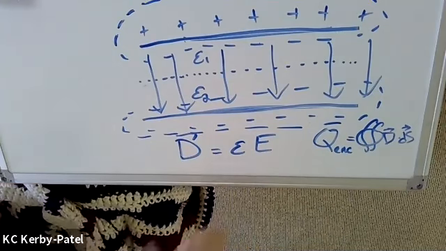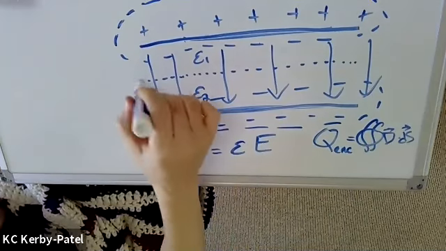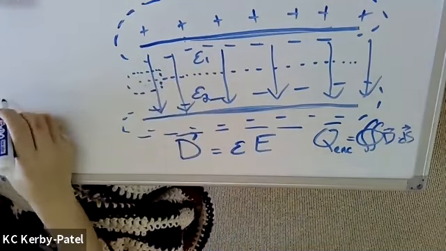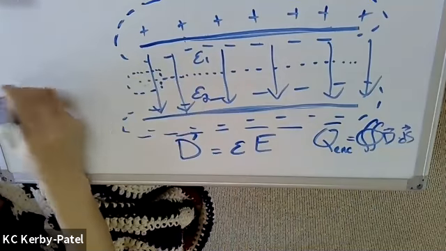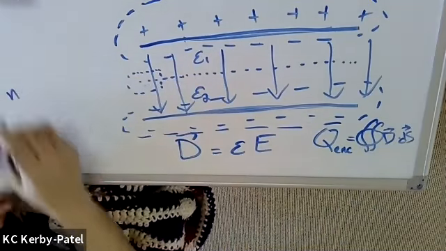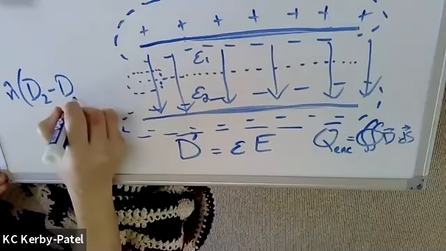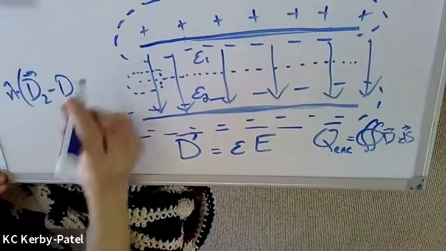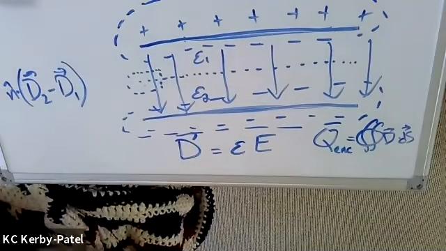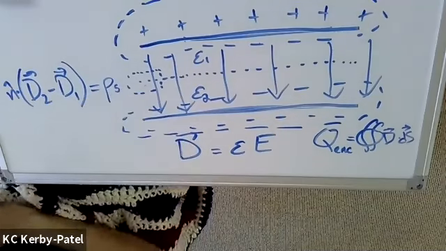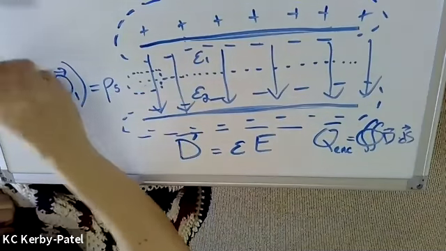Because of Gauss's law for electric fields, you find that the difference between the normal components of the electric flux densities is equal to the surface charge density. So you can only have a surface charge density on something that's conductive.